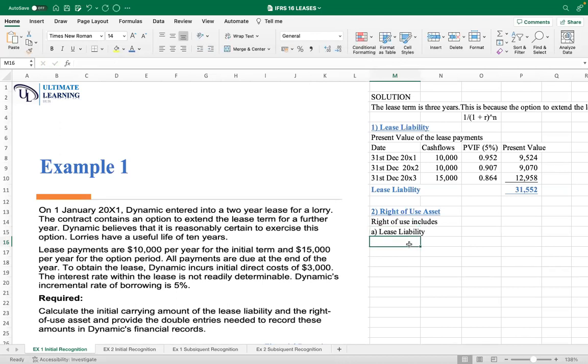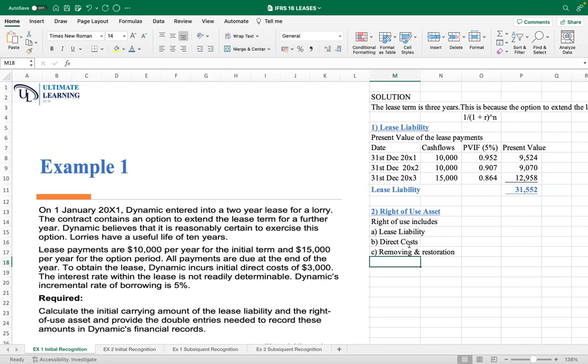Number B, we said direct costs. Number 3, we said removing and restoration costs.